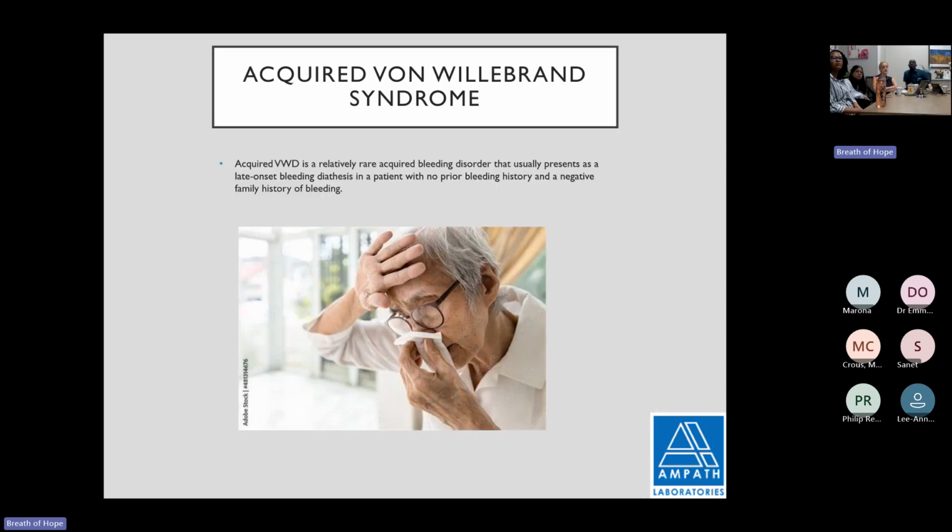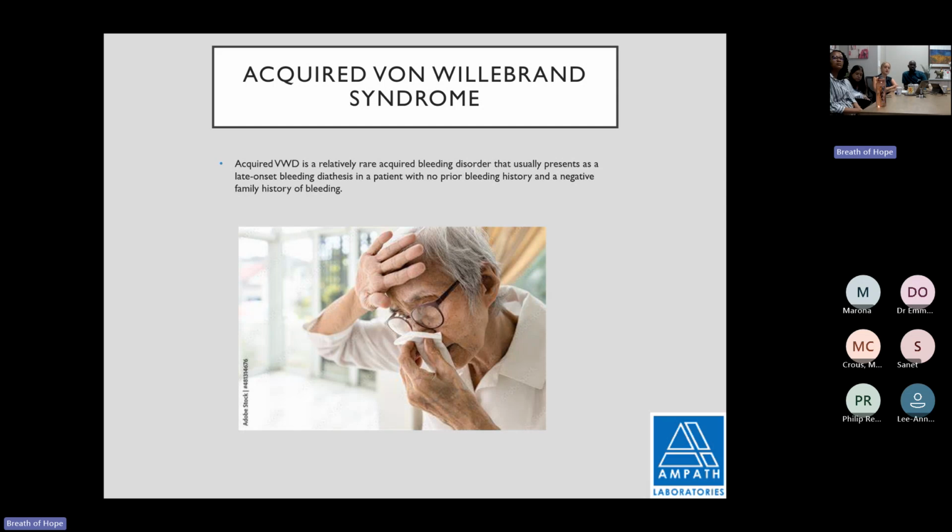And then another interesting thing about von Willebrand. It's the most common inherited disorder, but you can also acquire von Willebrand disease. So acquired von Willebrand disease, when will you actually suspect this? This will be an older type of patient, though age is not actually that important, but it will be a patient that's got no family history of a bleeding disorder.